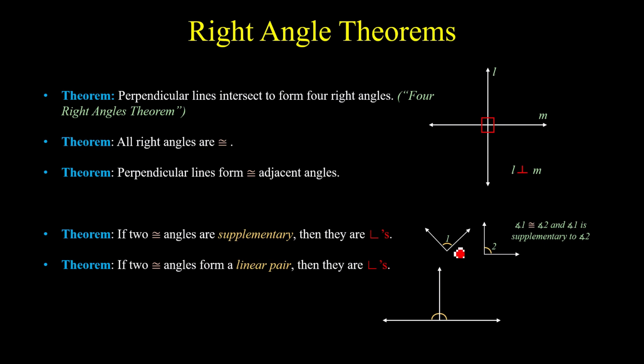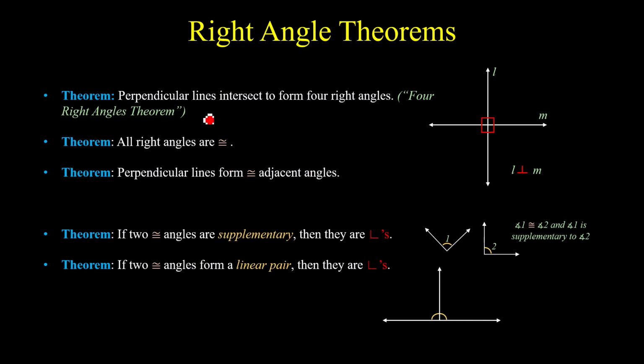So they're saying very similar things, but for different circumstances. So again, if 2 congruent angles are supplementary, then they are right angles. And if 2 congruent angles form a linear pair, then they are right angles. These are all right angle theorems.